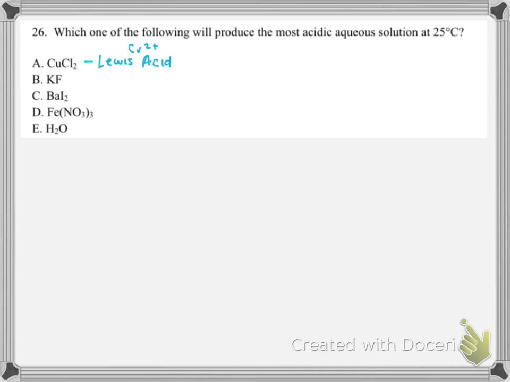So that is capable of being acidic. Potassium fluoride. Potassium's negligible. Fluoride is the conjugate base of a weak acid. So this will be a weak base. Barium iodide. Both of those ions come from something that's strong. So these will both be negligible.